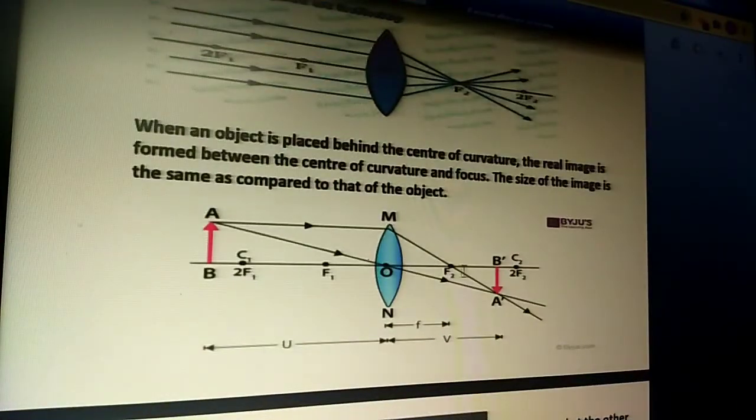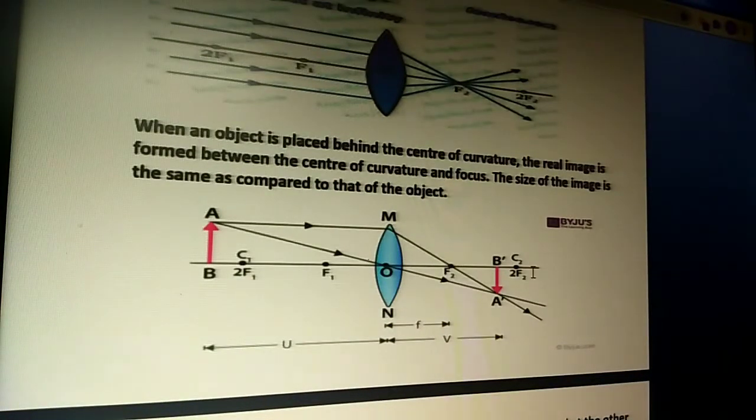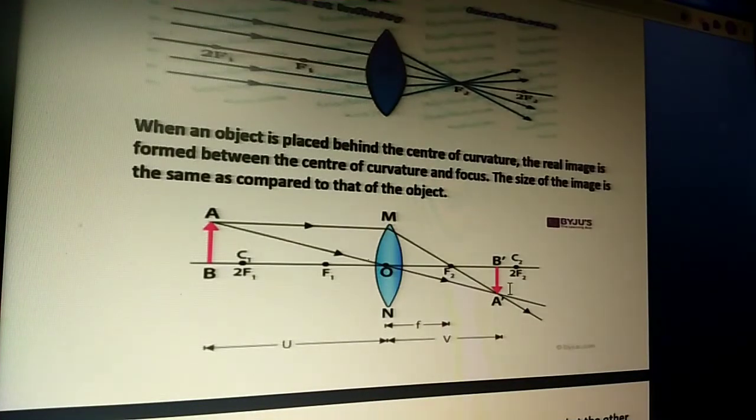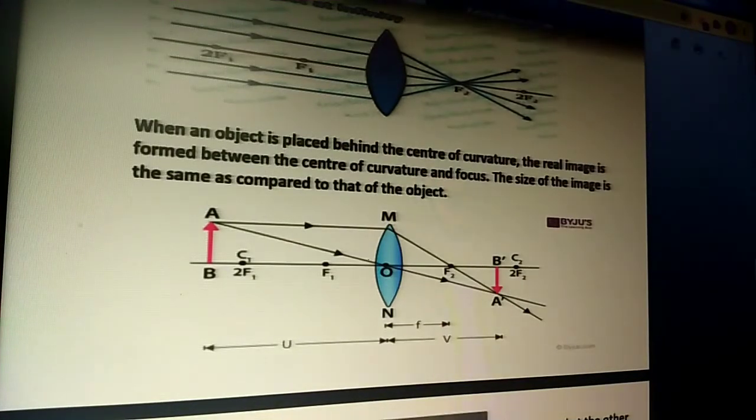Point size beyond 2f1, in between f2 and 2f2, the image is real, inverted and diminished. Real, inverted and diminished beyond 2f1.